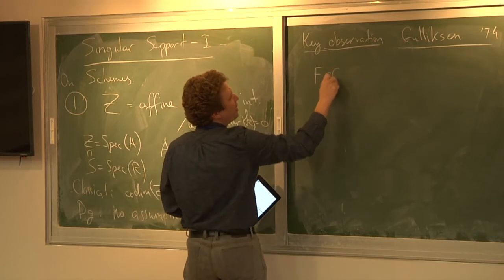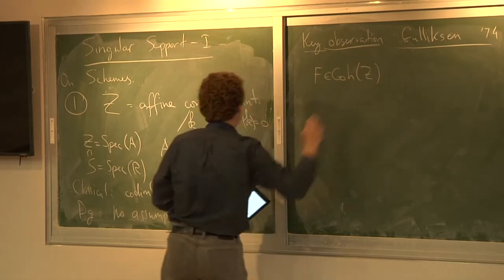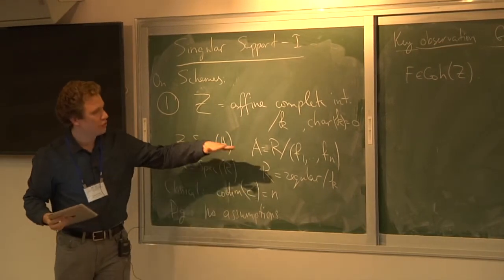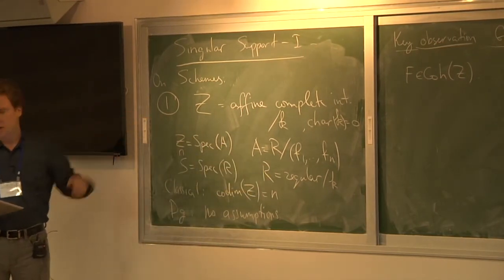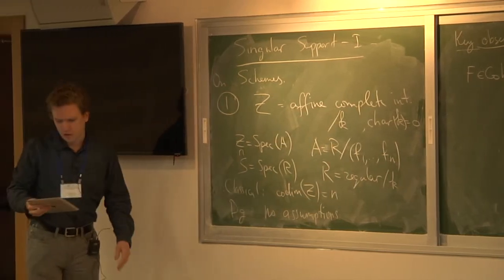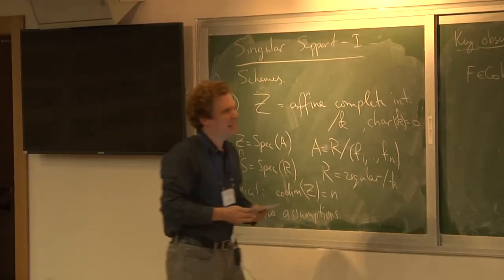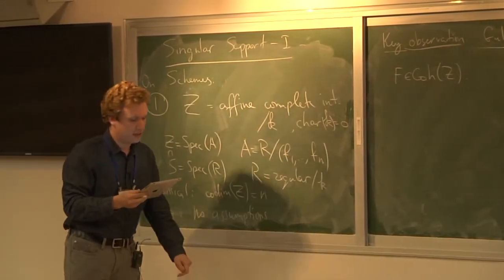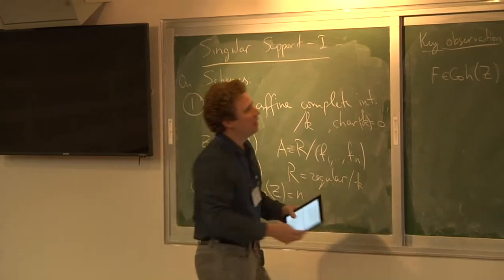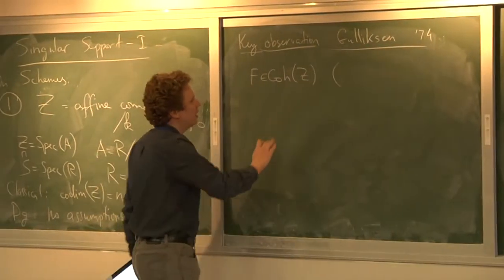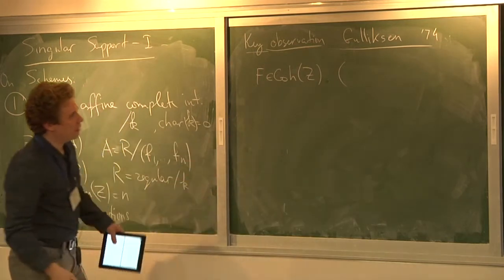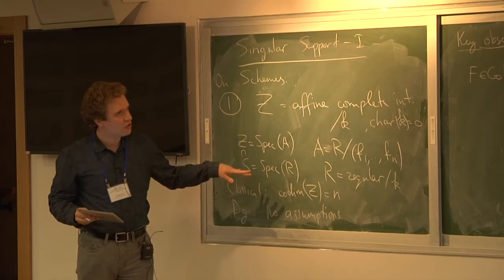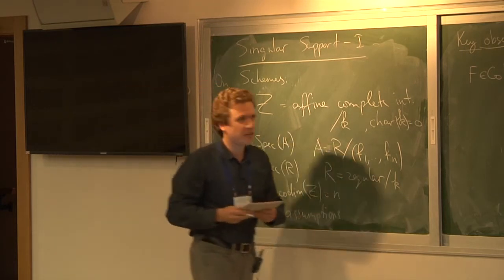Suppose that you have any coherent sheaf on Z, so just a finitely generated module over this algebra A. For now you can assume that it's an actual module, but really there's no difference, so you might as well assume that it's an object in the derived category. Recall that this is the derived category of complexes that have only finitely many non-zero cohomology groups, and those cohomology groups are coherent.